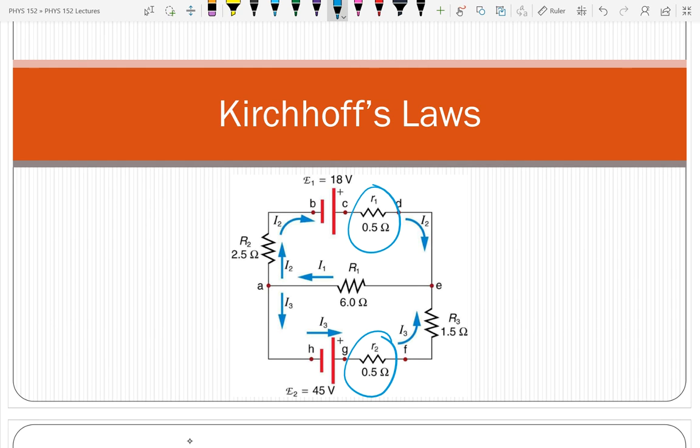And then if you look at the circuit carefully, you see this resistor here. Can you find any resistor that it's in parallel with or any resistor that it's in series with?